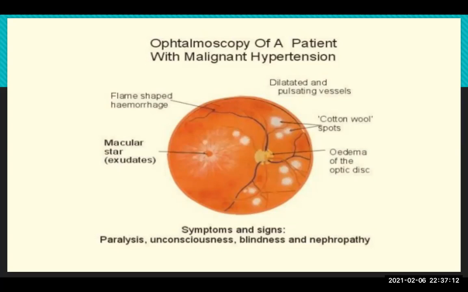So there is a rapid deterioration of the eye and his vision. So I found in the fundus all this picture.